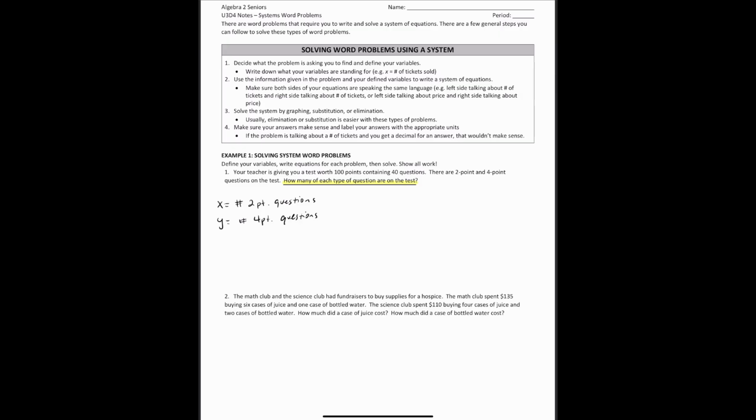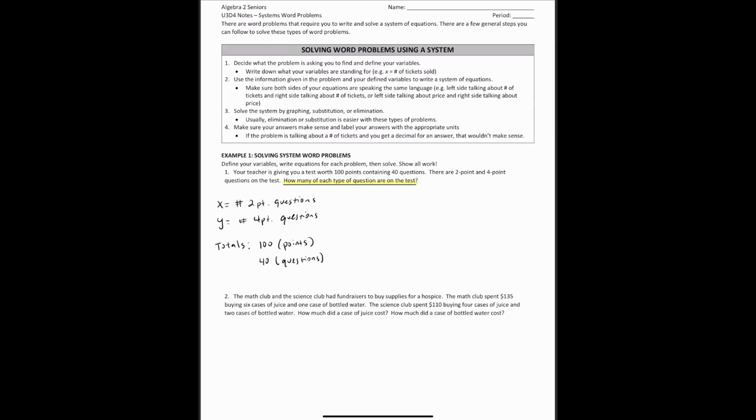So the first largest number that I see is 100, and the second largest thing that I see is 40. So I'm going to go ahead and write totals and write my first largest number, which is 100, which deals with points, and my second largest number, which is 40, dealing with questions.